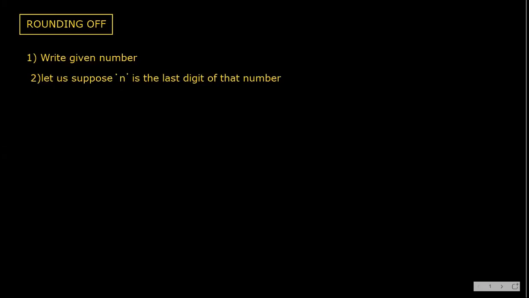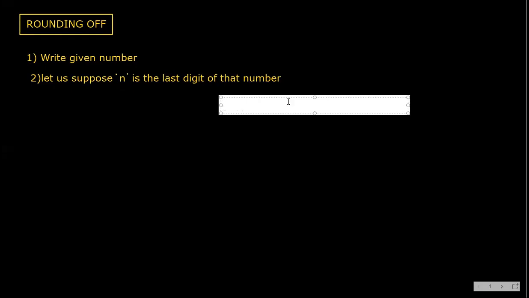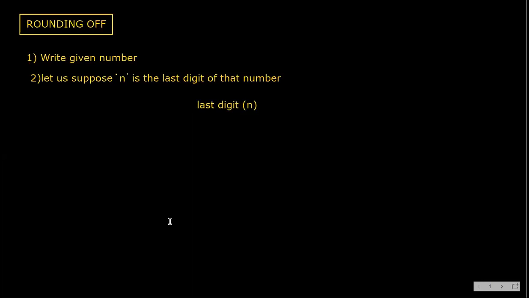Now this n, what to do? See, one flow chart I am giving. This is the last digit, in bracket n. Now this has three cases.